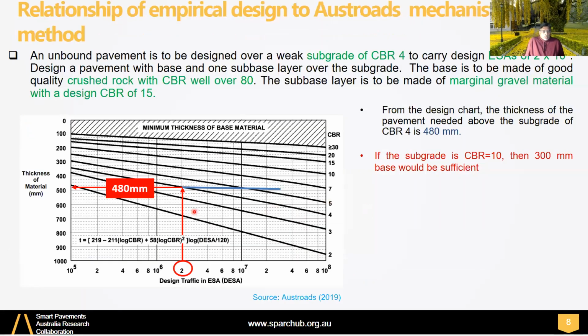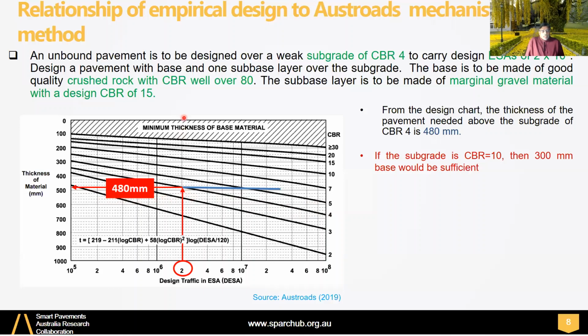So for example, if you had a subgrade CBR of 4 and equivalent standard axles of 2 times 10 to the power 6, then how much cover you require on top of that can be determined by going to the CBR 4 line, which is this line, and then reading off the thickness of material required, 480 millimeters in this instance.